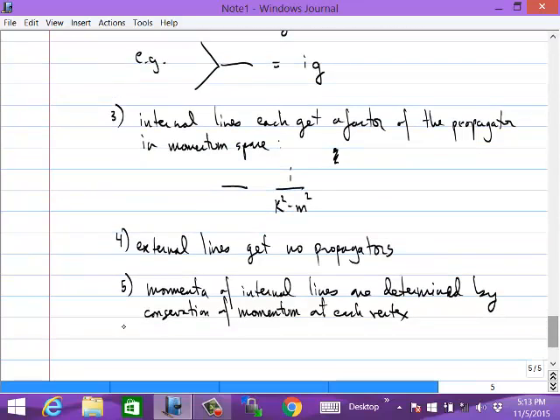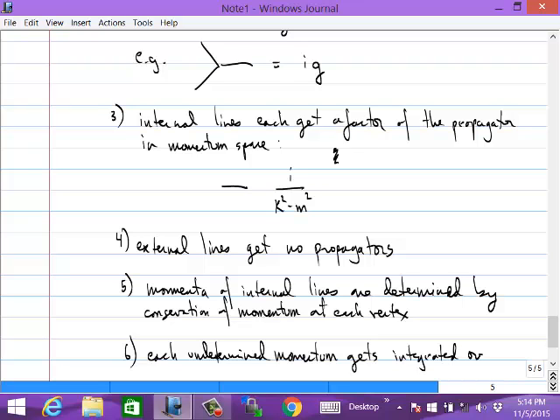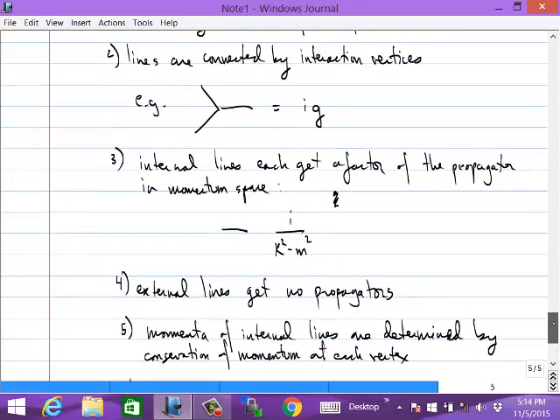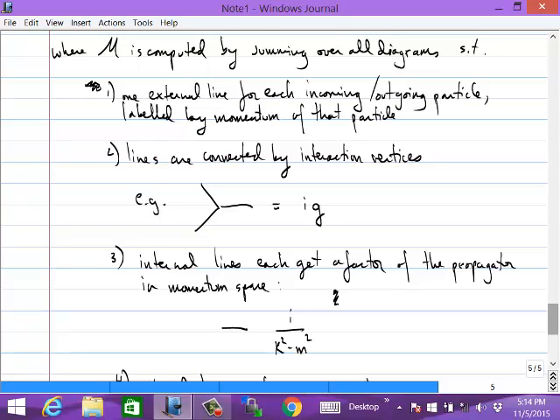And finally, each undetermined momentum gets integrated over. And of course, we can't forget to divide by our friendly neighborhood symmetry factor. Okay. So that's it. These are the Feynman diagrams in momentum space.